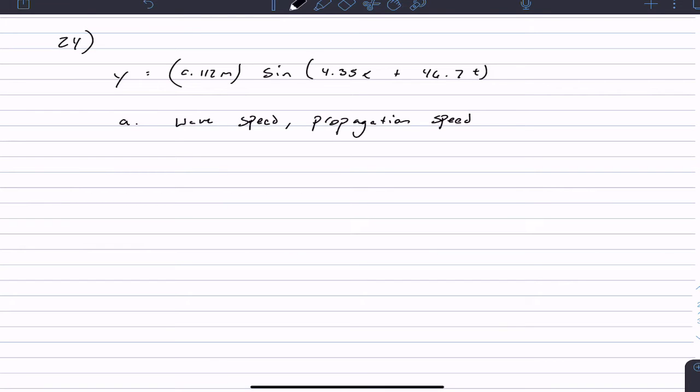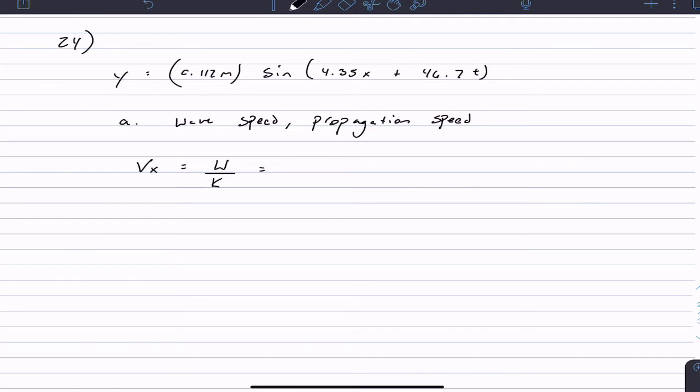Okay, so we have some relationships that we can use to solve this. We know that this is going to be equal to the angular frequency over the wave number. Just remember that this was in units of 1/meters, and this is 1/second, so that gives us units of meters per second. So we can just do that directly. I think that should work.